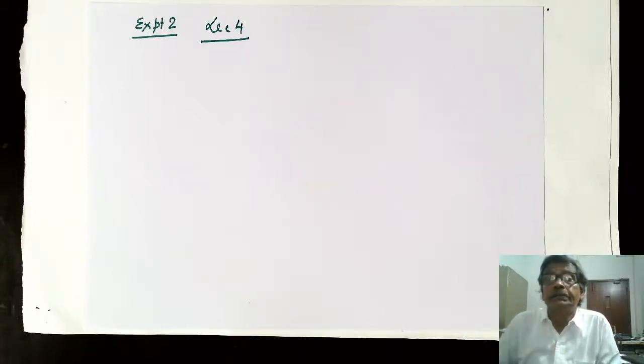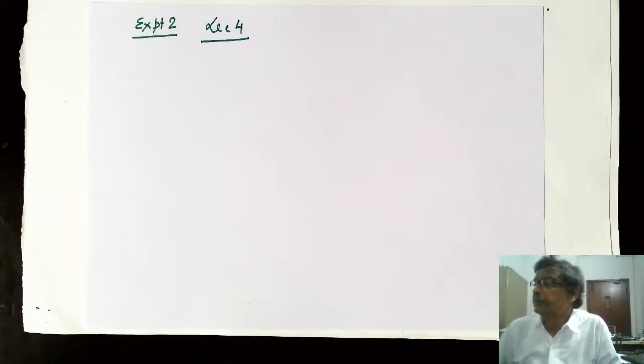Welcome to lecture number 4 in connection with experiment number 2, where you will be doing the transient analysis of electrical circuits. We have been discussing in the last 2 lectures about inductors.